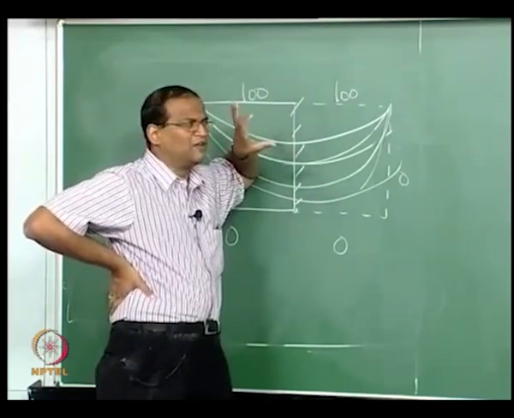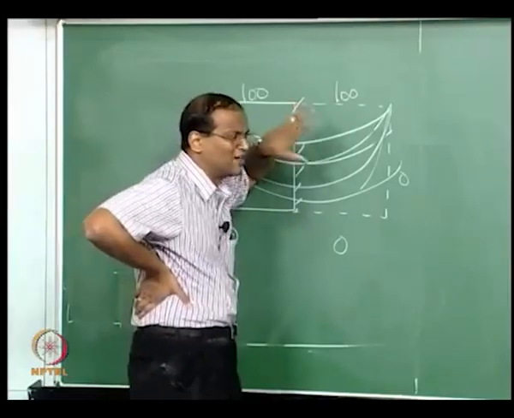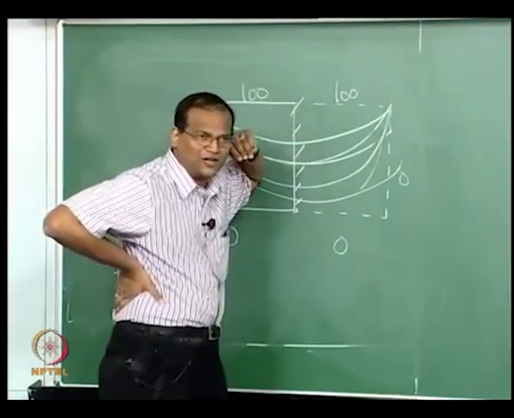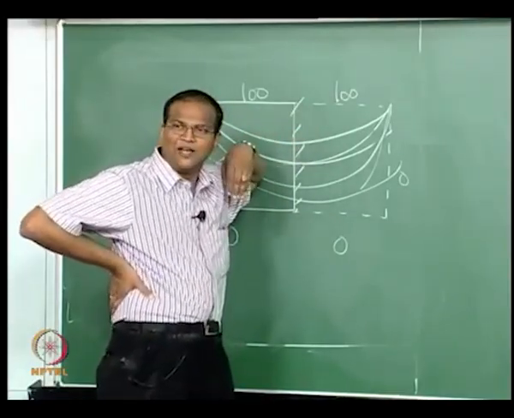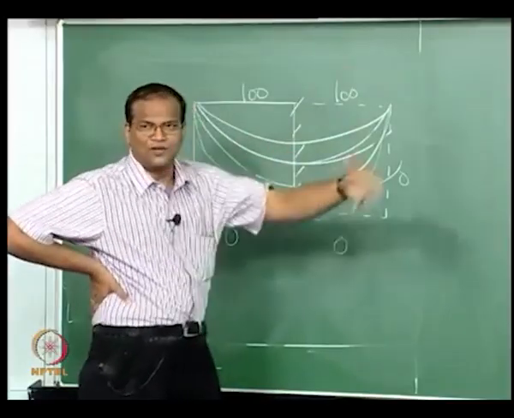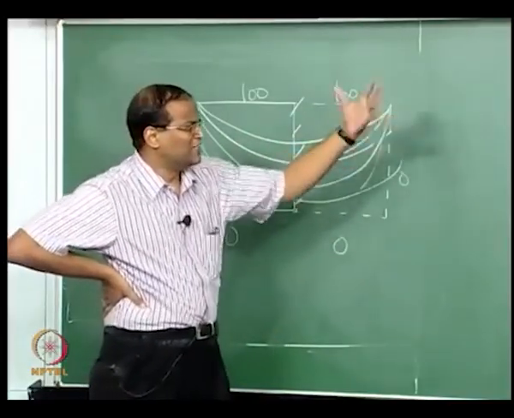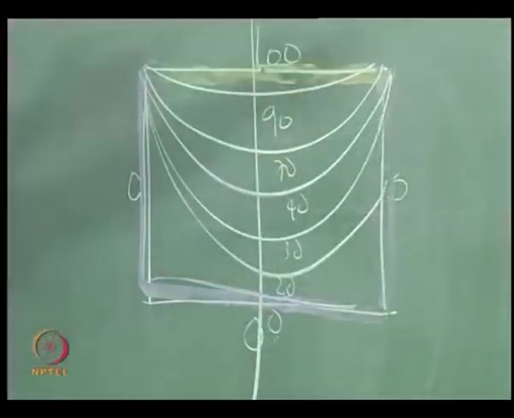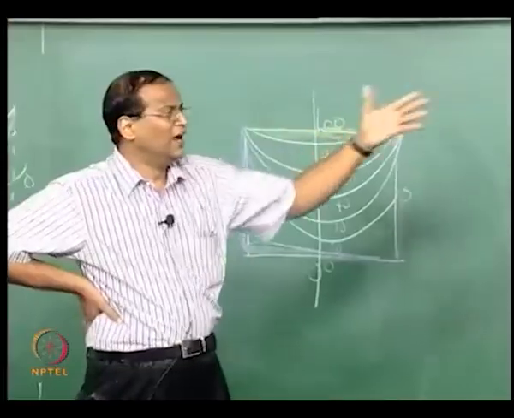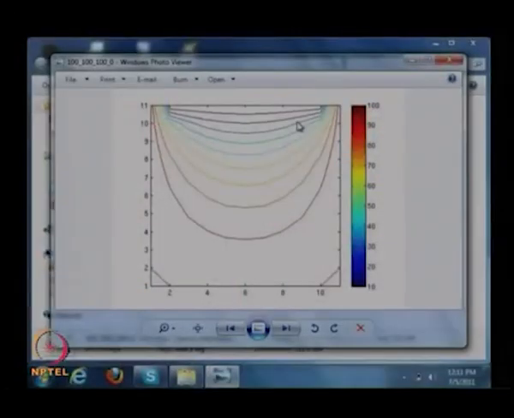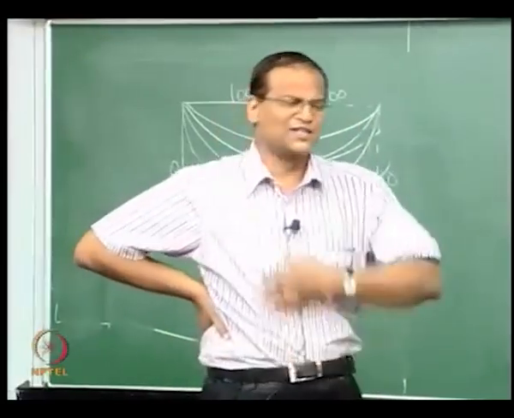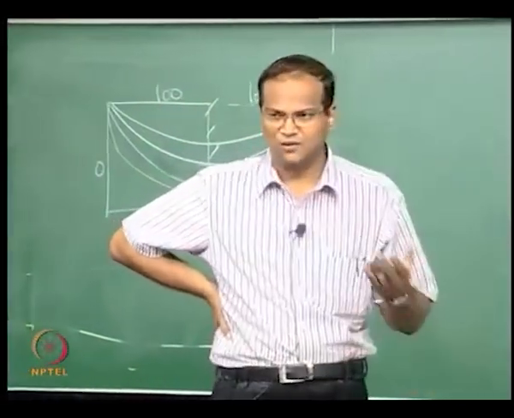Then to get the constant of the infinite series we got stuck and we exploited the property of orthogonality. Fortunately sin n pi x by L is orthogonal, and finally we got a solution, and we got a physical and intuitive feel of the solution. We also saw a numerical solution on the board, and whatever isotherms you are getting is consistent with common sense and also with our conceptual understanding of the problem.